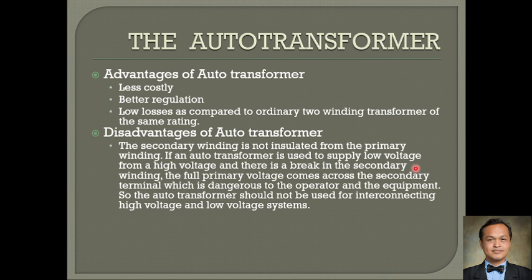So the auto transformer should not be used for interconnecting high voltage and low voltage systems. If there is damage on the windings, whether on the primary or secondary winding of the auto transformer, it will also damage the primary winding because the primary and secondary windings are connected to each other.